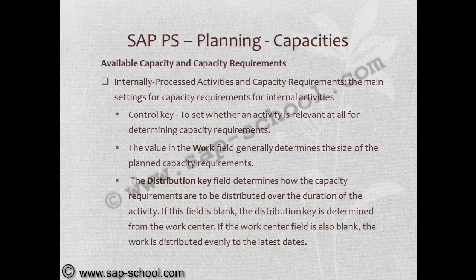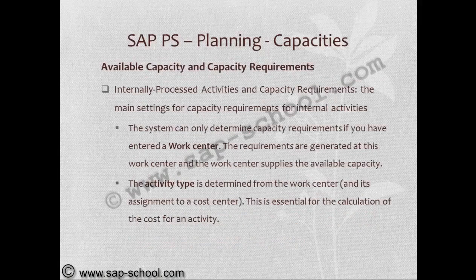There are two checkpoints. That means the capacity requirements as well as the work center. Internally processed activities and capacity requirements has a setting for capacity requirements in work center as well as in the activity type also.